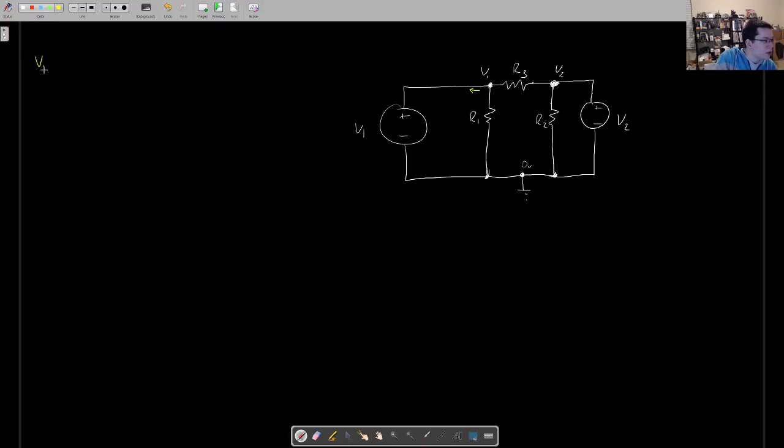So this is going to be V1 minus 0 volts, because we go from here to here, times 0 ohms, plus V1 minus 0 volts, because we're taking the voltage at this side, subtracting the voltage from this side, and multiplying by the resistance. Is that right? Voltage times resistance.